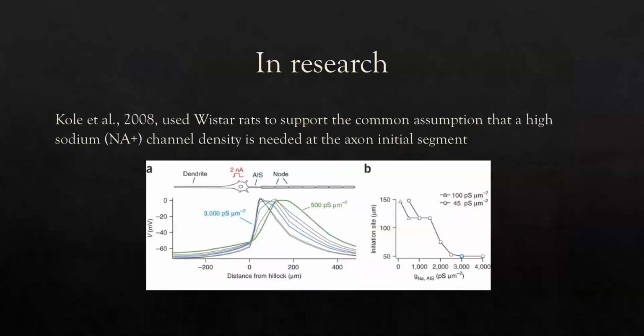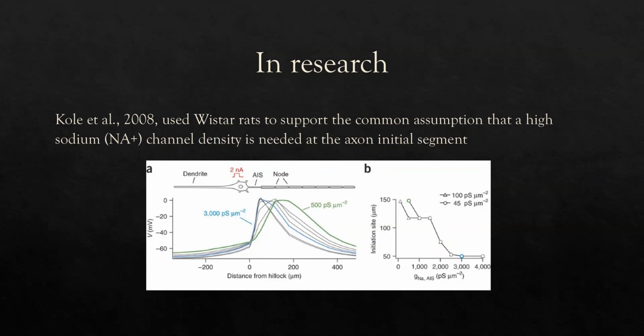So speaking on that, in research, we see that there is a necessary greater density of these sodium channels in the axon hillock region. So from Cole et al. 2008, Wistar rats were used by these authors to support the assumption that a high density of sodium channels are necessary at the AIS, which is around the axon hillock, where action potentials are meant to be sent.